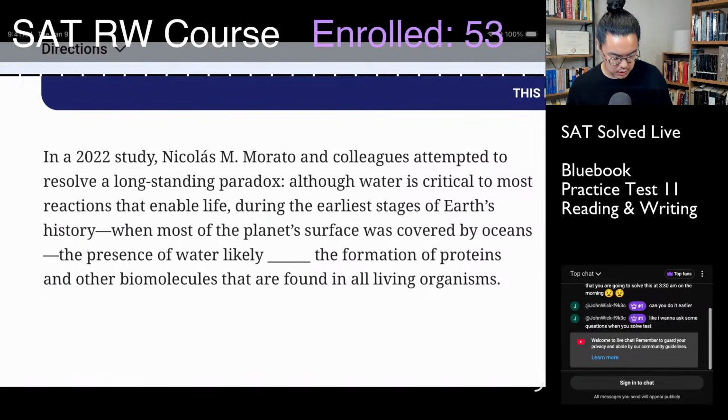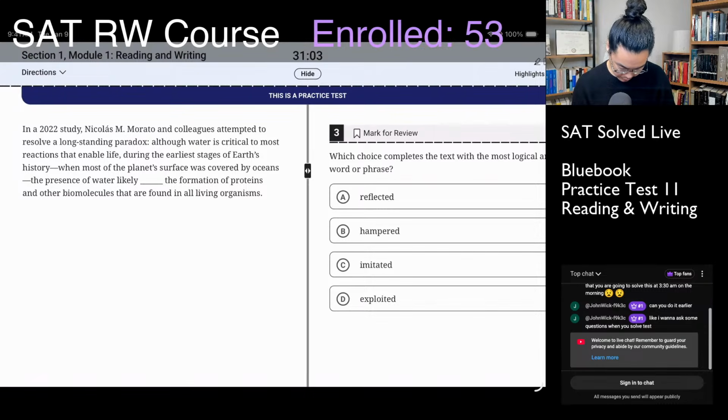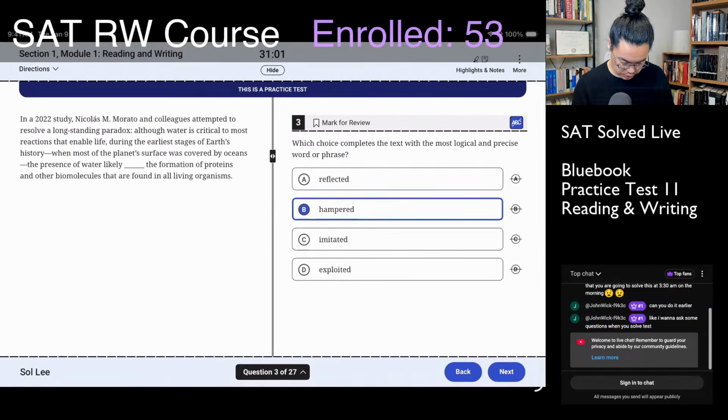Nicolas Morato, paradox, critical. Water's critical. The presence during the earliest stages actually impeded the formation, so hampered the formation. Yep, that's just a hard sentence.